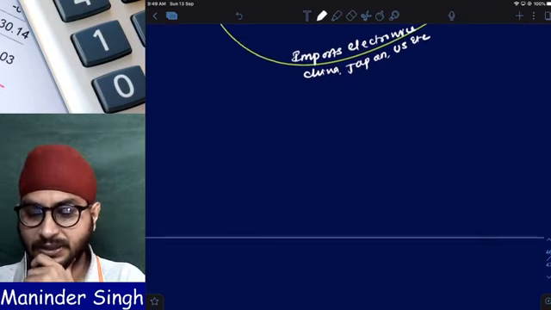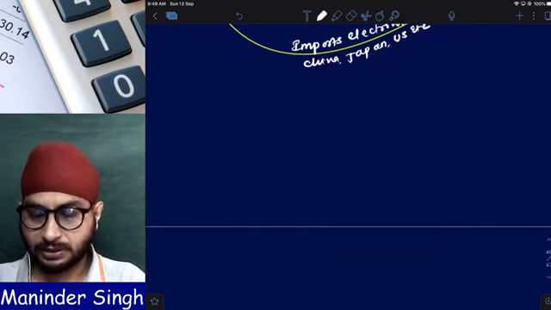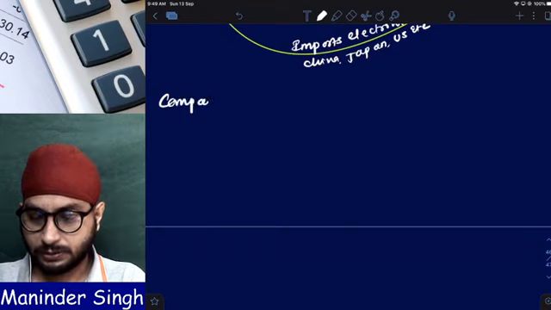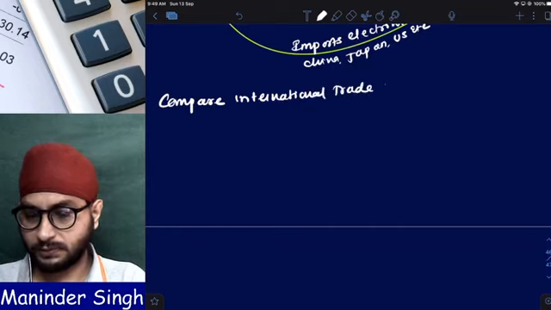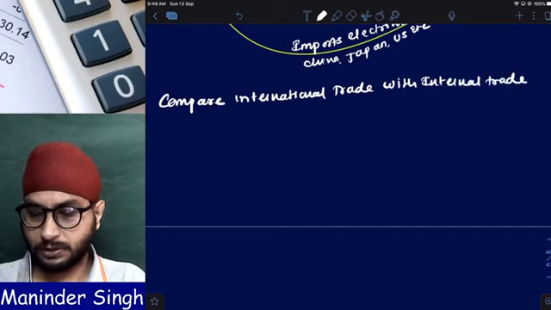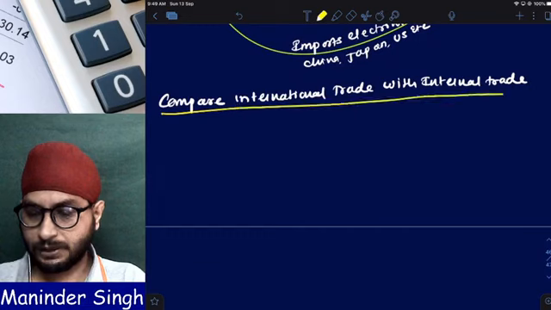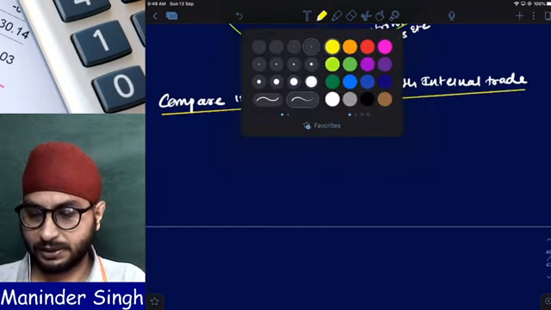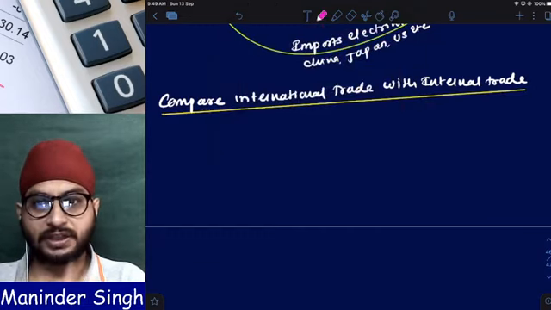Now let us compare international trade with internal trade and see what things international trade has.